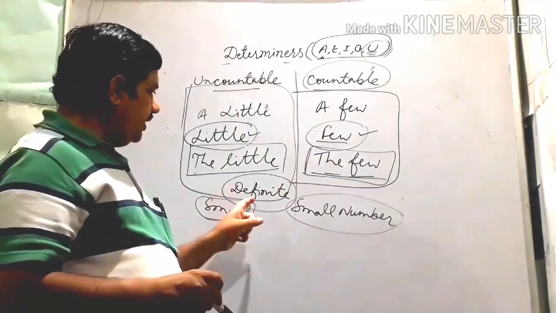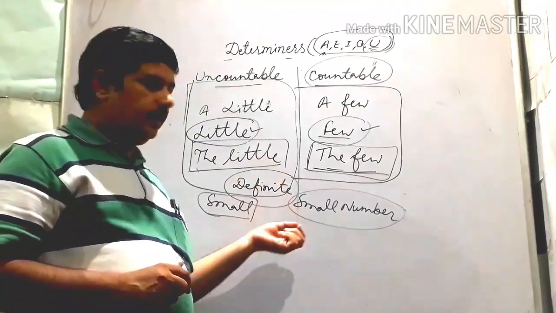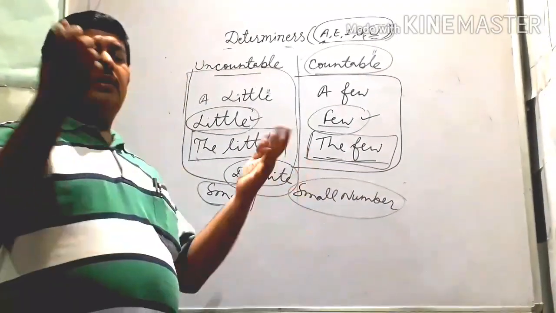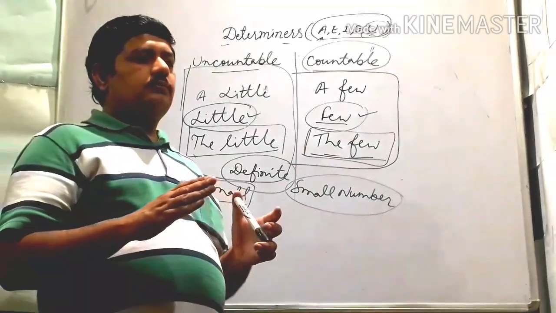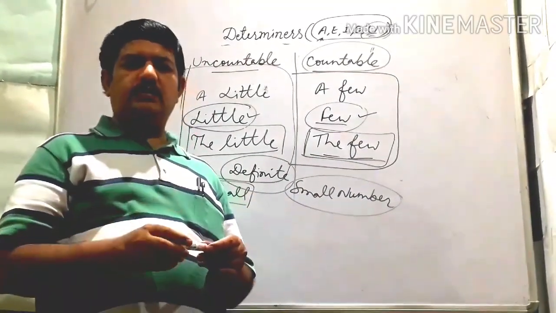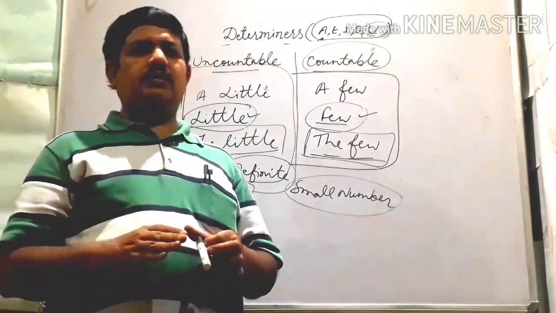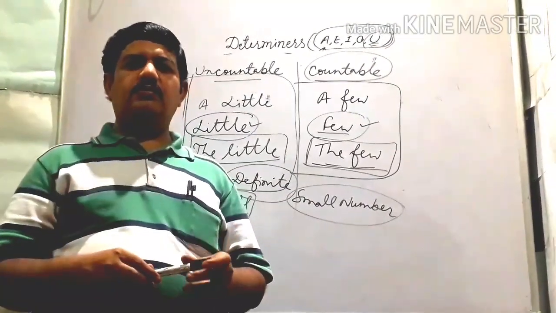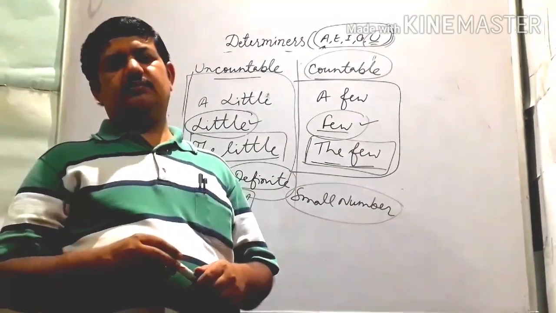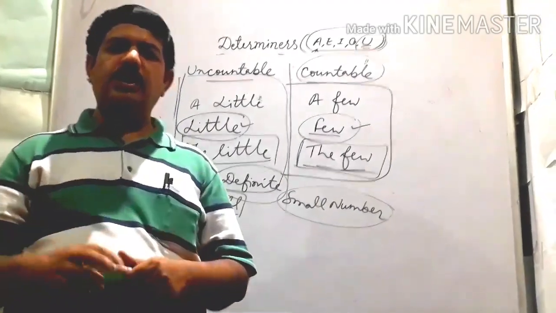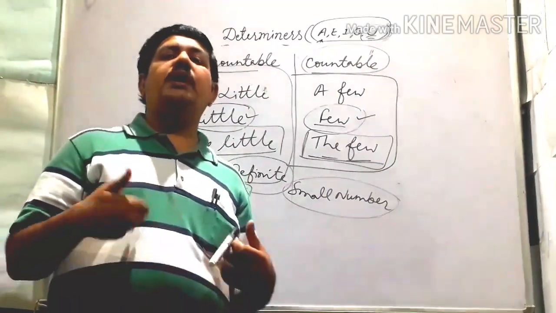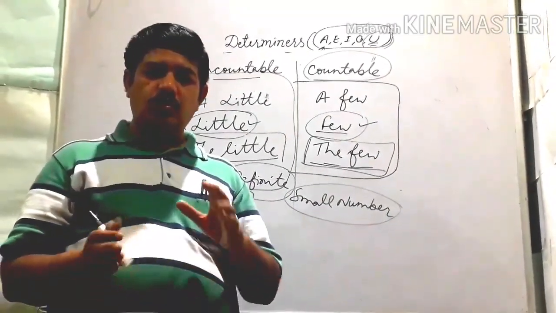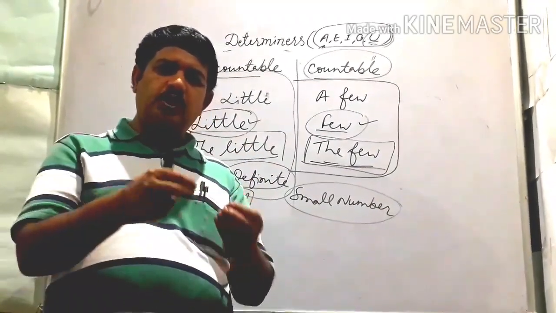Means definitely low quantity, definitely quite small number. So there we use, like, the cat drank all the milk, or rather, the cat drank the little milk which was there in the kitchen. Or I have spent the little money I had. So already which was quite small, and you refer to it.